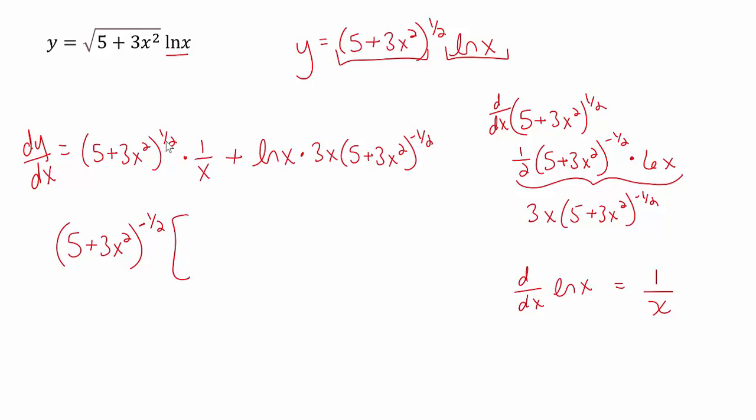And then what's going to be left is, if you think about 1/2 minus negative 1/2, we would have (5 + 3x²) to the first times 1 over x, plus, and then I took this one out, so I'm really going to have 3x natural log of x, and I just wrote that in a different order. There's a lot more you could do with this, but for our purposes, this would probably be sufficient for solving, or we could deal with it later. Okay, so that's your derivative.